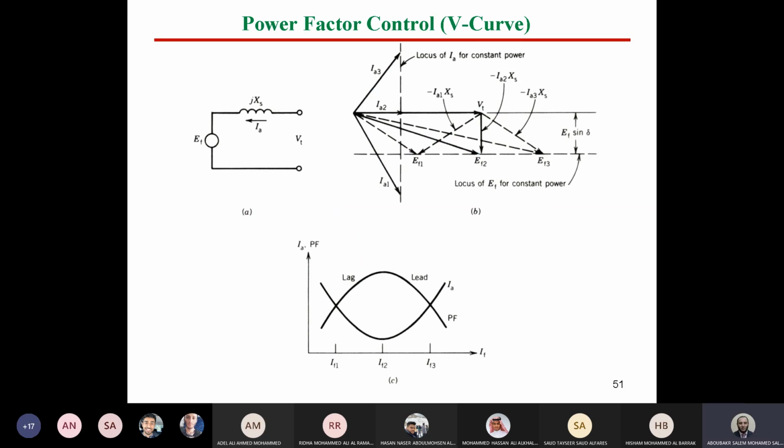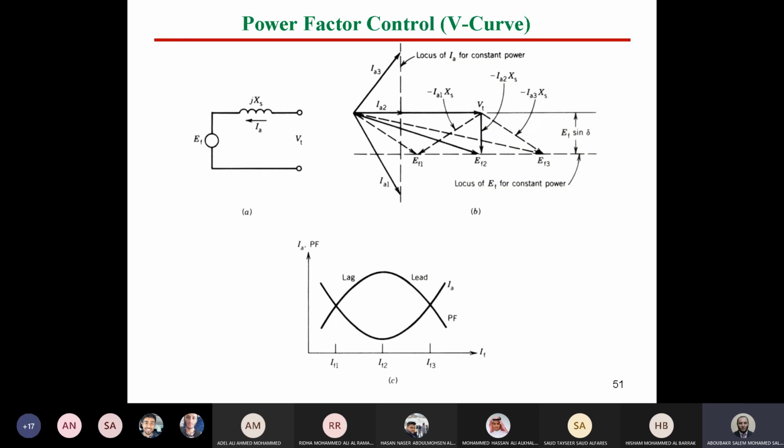Power factor control. If you have any induction motor at home, this motor will draw reactive power. However, the synchronous machine has the advantage of power factor control. So if we have a synchronous motor, we can control it in order to deliver reactive power, not consume reactive power.